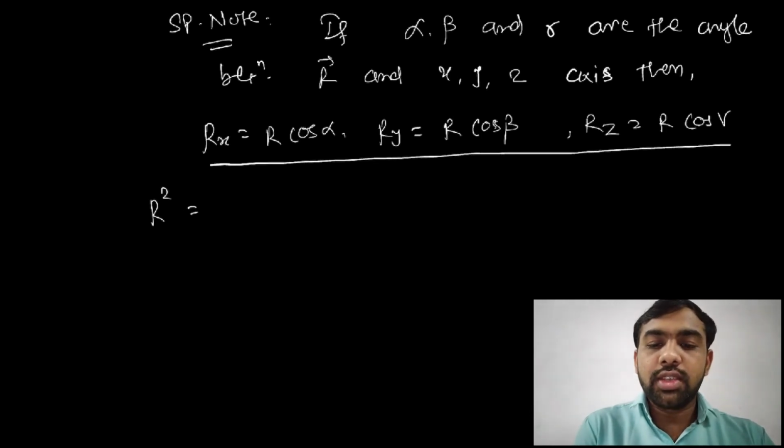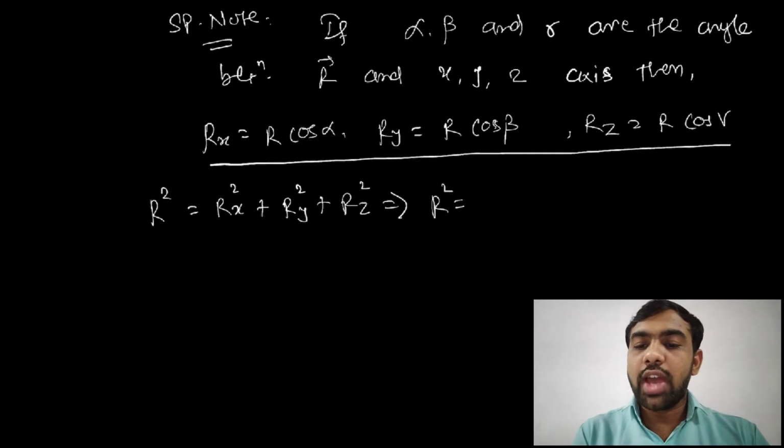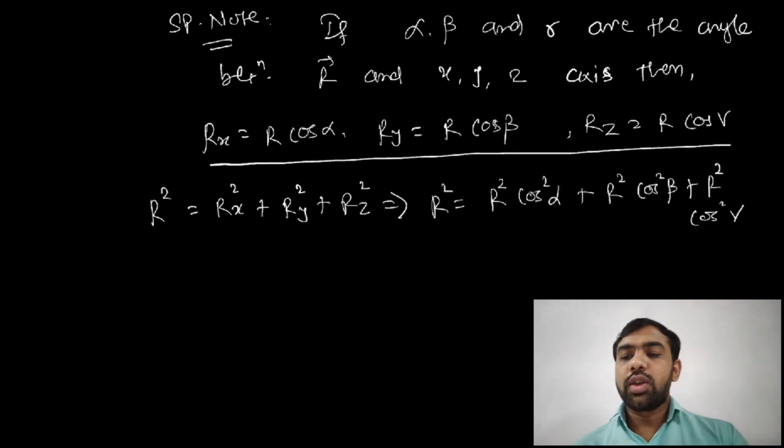Put these values in the resultant. So r square is equal to rx square plus ry square plus rz square. Putting the values, r square is equal to r square cos square alpha plus r square cos square beta plus r square cos square gamma.